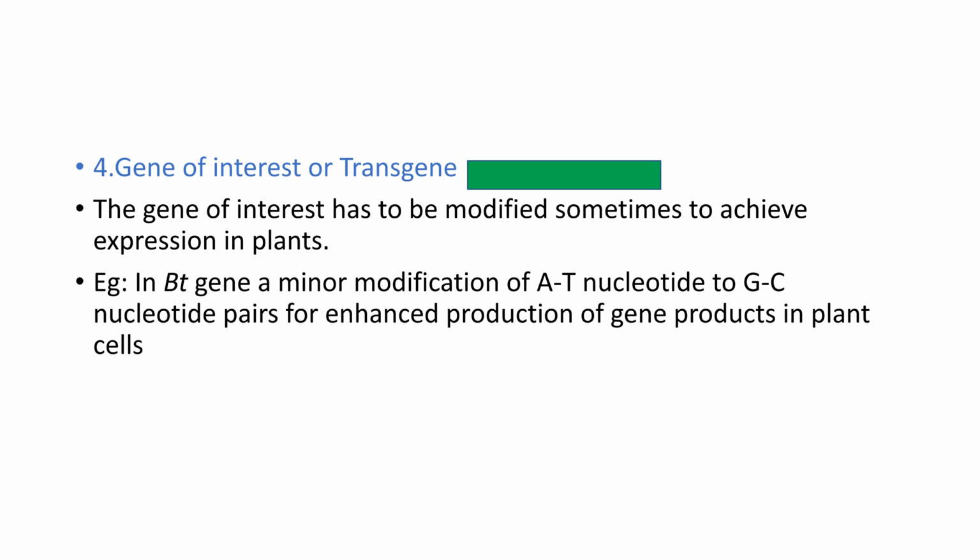So, a minor modification by substitution of AT nucleotide with the GC nucleotide in the Bt gene is possible without significantly changing the amino acid sequence. And of course, this modification results in an enhanced production of gene product in plant cells.